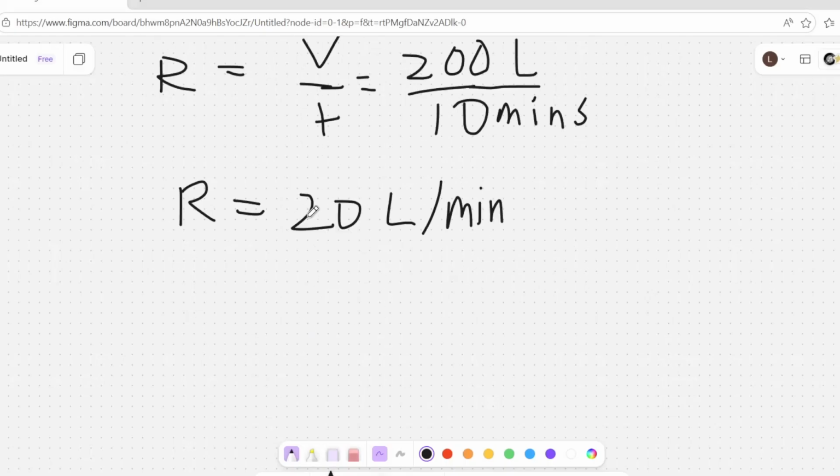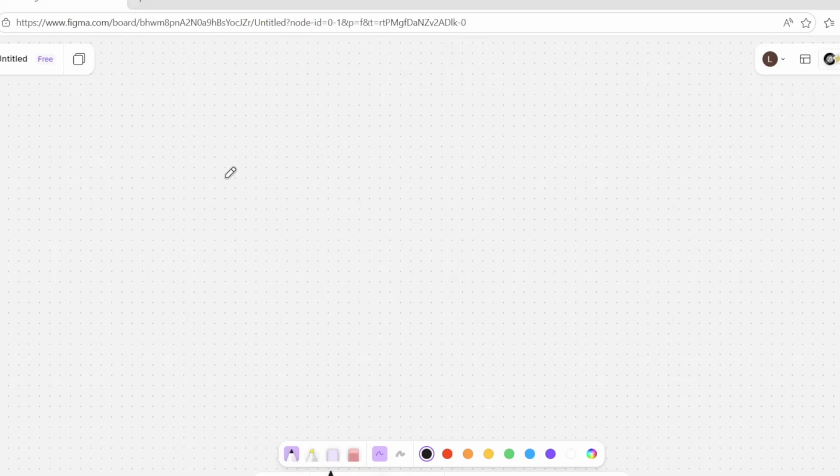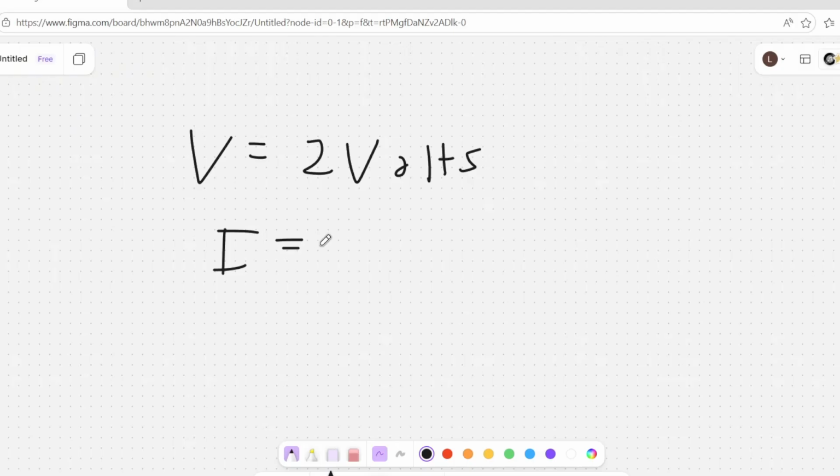For example, if we have a voltage of 2 volts and we have a value for the I or the current of 2 amperes. I'm sorry, 10 volts for this one. Let's just remove this first. 10 volts. Let's try 10 volts. And we have 2 amperes.